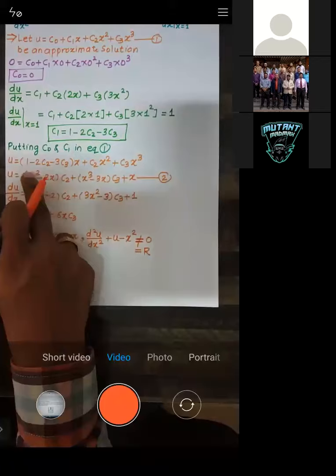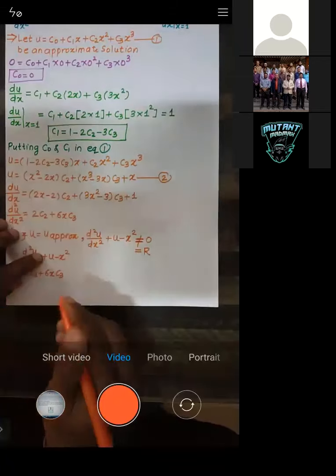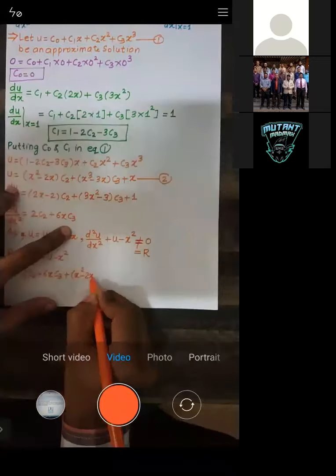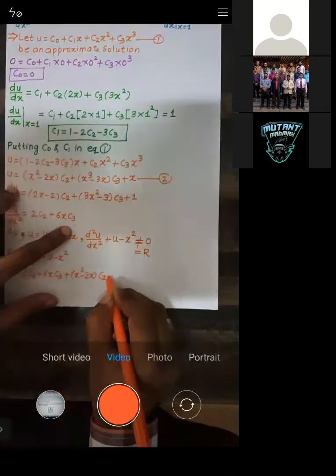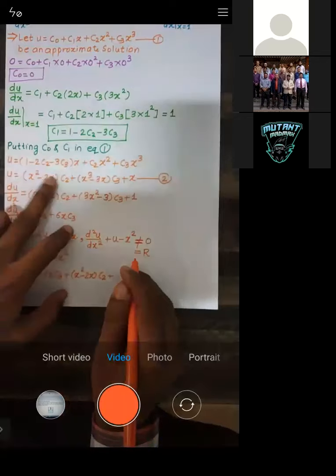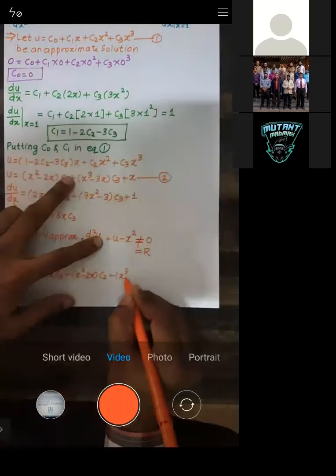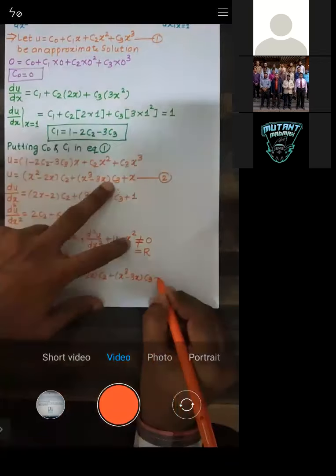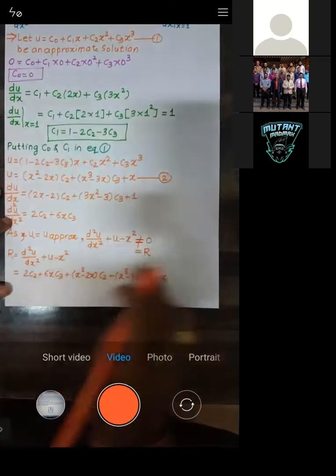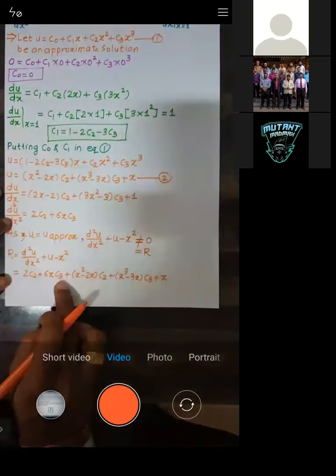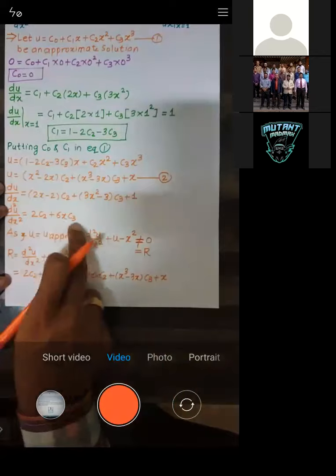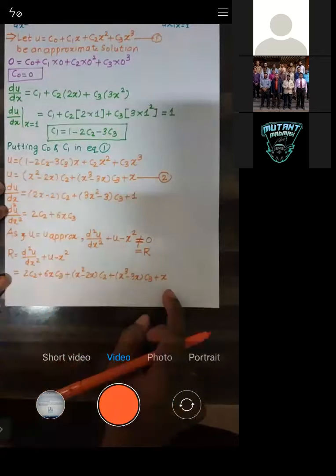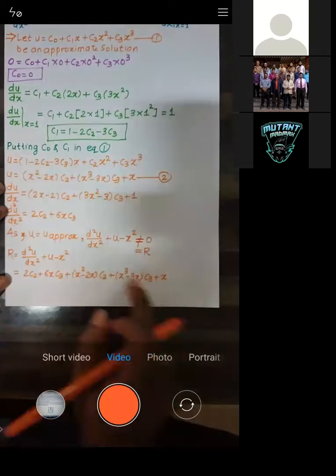This is the value of u I've written. Then minus x².